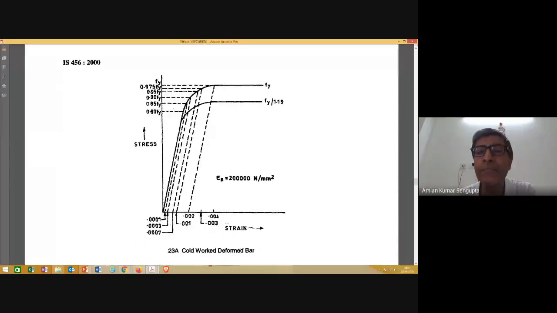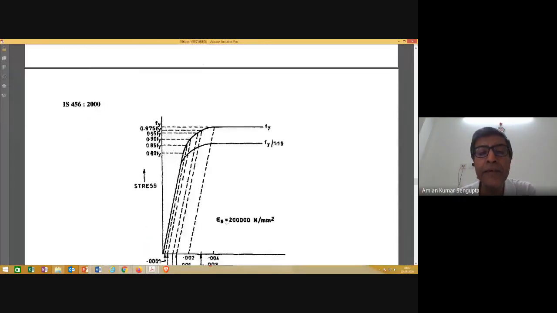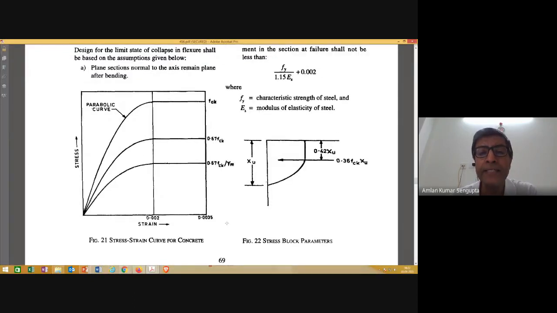Let me just explain a bit further. The reason behind this is it has been observed that in concrete, if the strength reduces, the initial modulus also reduces. That means if it is a poor concrete in terms of strength, it is also poor in terms of stiffness. Whereas for steel, even if there is some variation in the yield value, the stiffness does not change.